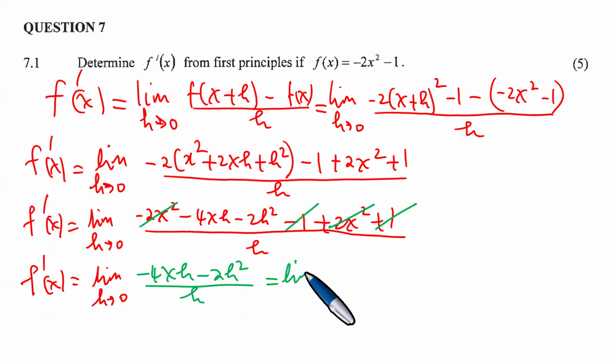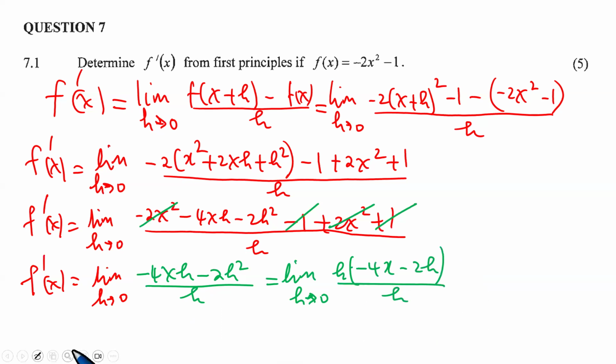Now we can take out the highest common factor. H alone is enough, so it can cancel with the h in the denominator. Factoring h from the numerator, we get minus 4x minus 2h, and you divide everything by h.